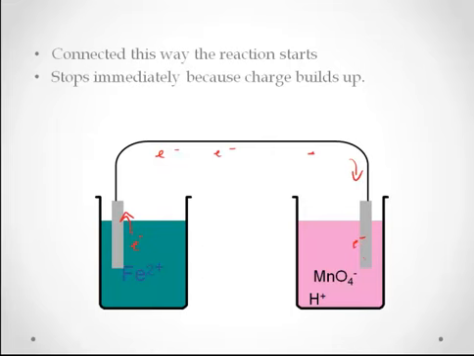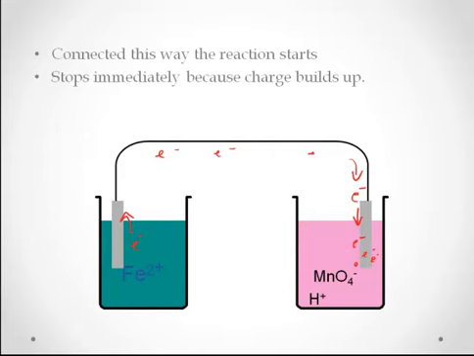However, as they got right here, they would build up. And would that cause more electrons to flow? Heck no, because you've got negative things going into negative things. It wouldn't happen. So this doesn't work when you have a cell that has no connection.